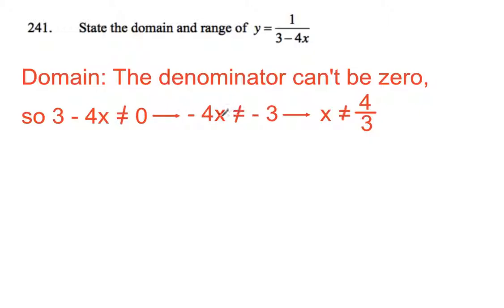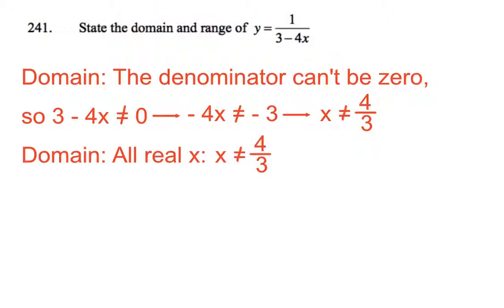We'd have a minus 3 over a minus 4, which would cancel out the minuses. x can't be 4 over 3. Now that's the only value that x can't be. We can have other x values that make very small or very big fractions out of that whole right-hand side, but we definitely can't have a value whereby the bottom of that fraction is 0.